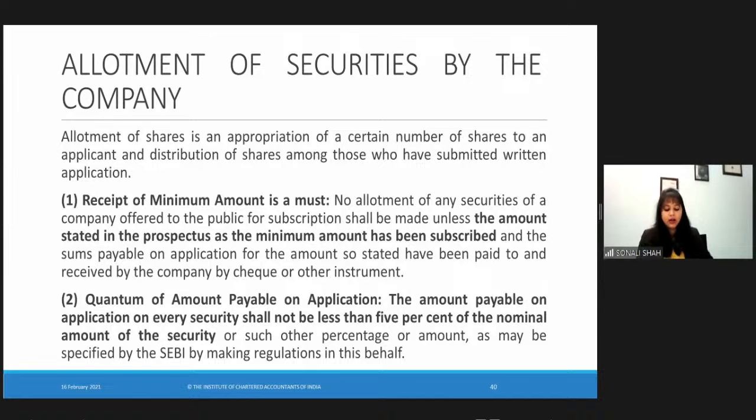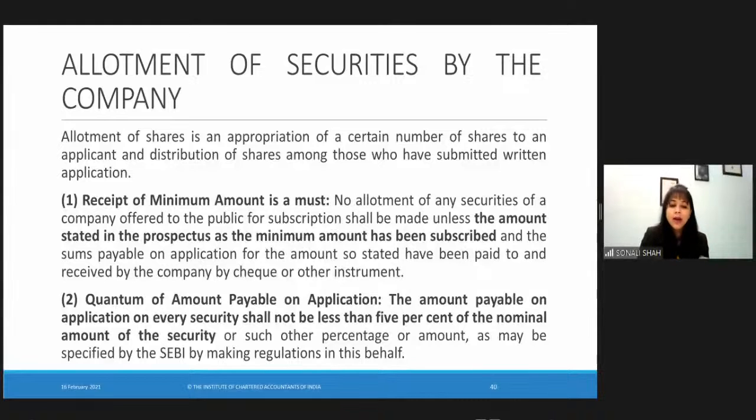This requirement of 90% of the minimum subscription has been provided by SEBI in the ICDR rules. When you read the provisions of section 39, you will see that the requirement of providing the guidelines for allotment of securities had been given to SEBI. So SEBI in the ICDR rules has said that minimum 90% of the subscription has to be there.